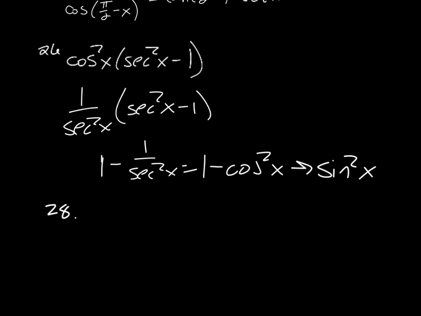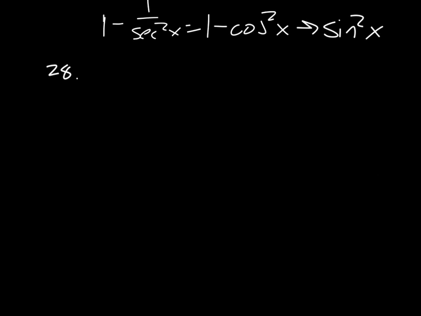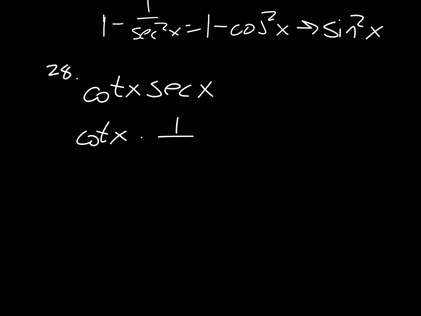That was correct. Yay was the right statement. You just do the same thing. Change secant to 1 over cosine and then cosine over sine. Okay, so 1 over cosine, right?